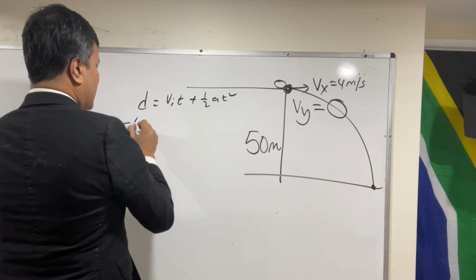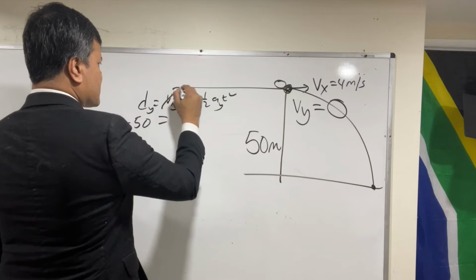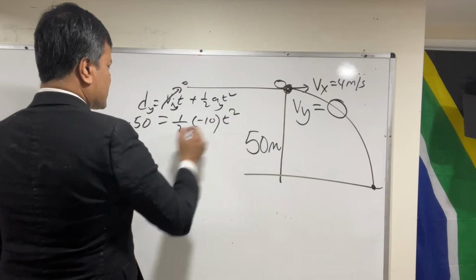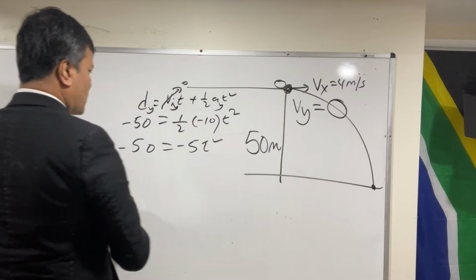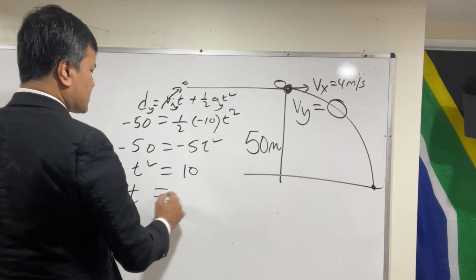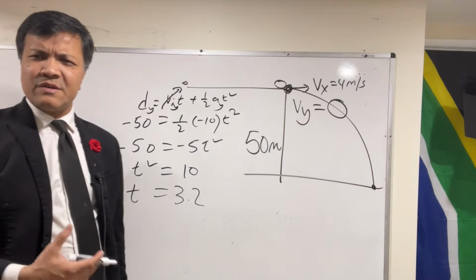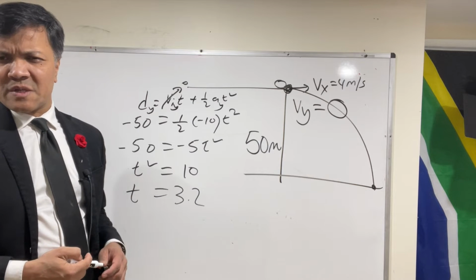So d is negative 50. This is in the y direction, vi is 0. Half times negative 10, of course, t squared. Negative 50 is equal to negative 5t squared. So then t squared is equal to 10. So t is 3.2. You can solve this problem many different ways. This is just one way. So at least solve this problem 4 or 5 ways.